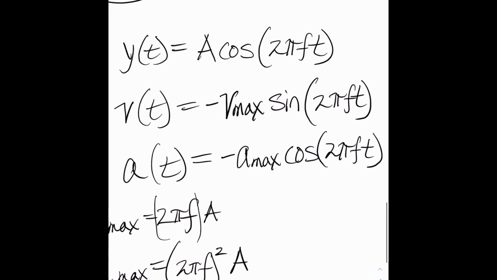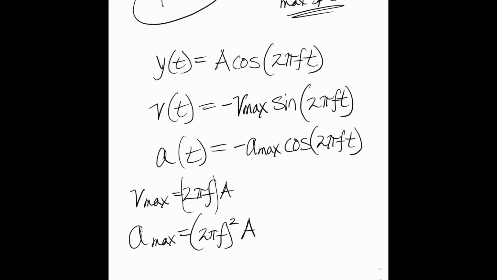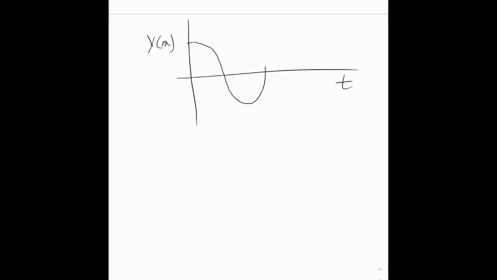And these don't always have to be this way. This just worked out this way because we were given, if I come down here and draw it, a y versus t graph where this was a positive cosine wave.